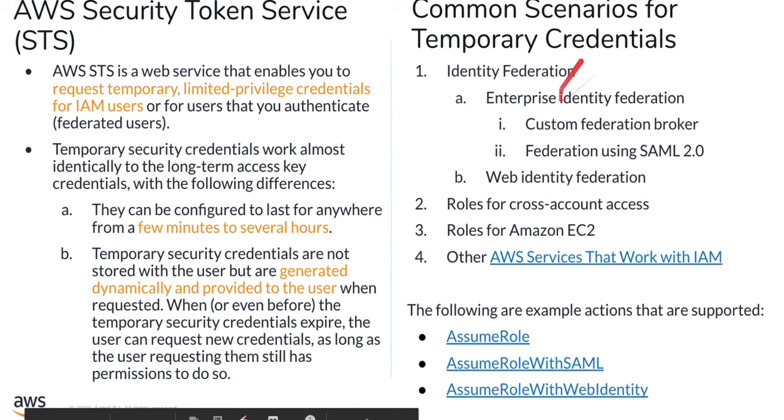Some of the common scenarios for temporary credentials are identity federation, which we already talked about. It can be enterprise identity federation or web identity federation. Enterprise uses the corporate directory. Web identity is through IDPs.